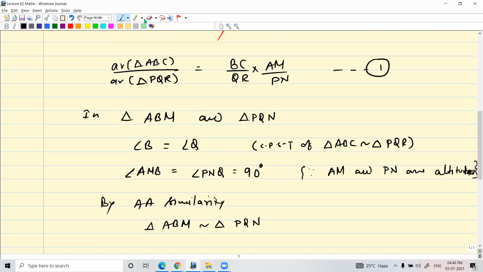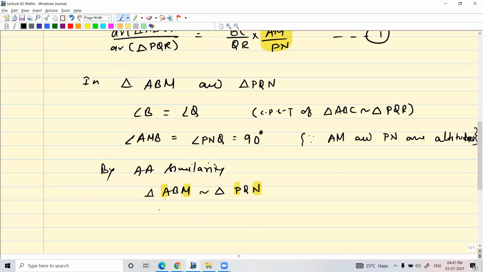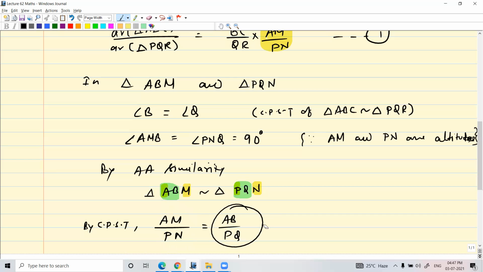And now what do I need here? I need AM by PN, right? So AM by PN will be equal to what? I can call it AB by PQ, right? Corresponding parts of similar triangles, CPST. I can write now AM by PN is equal to AB by PQ.